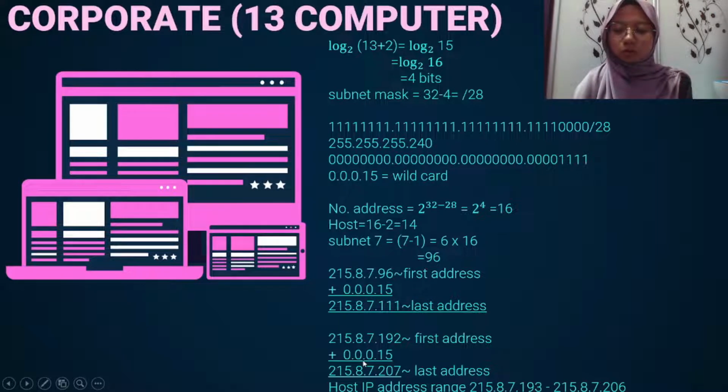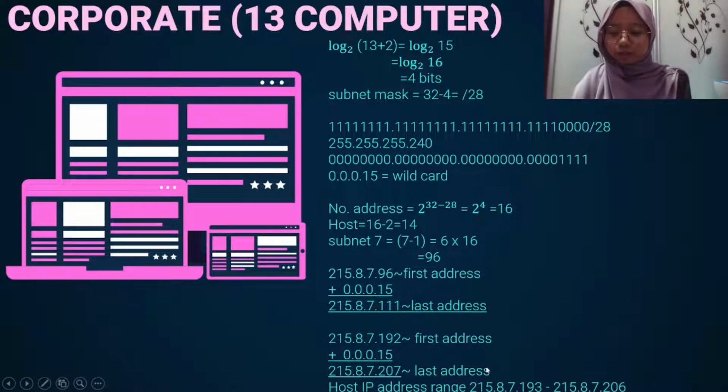which is 0.0.0.15. So we can get 215.8.7.207, which is our last address of this corporate. So the host IP address range is 215.8.7.193 to 215.8.7.206.